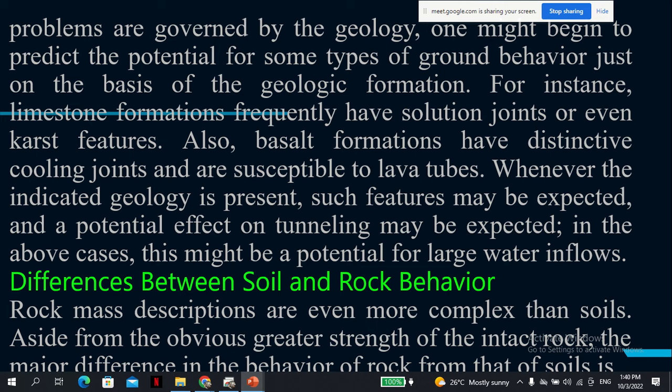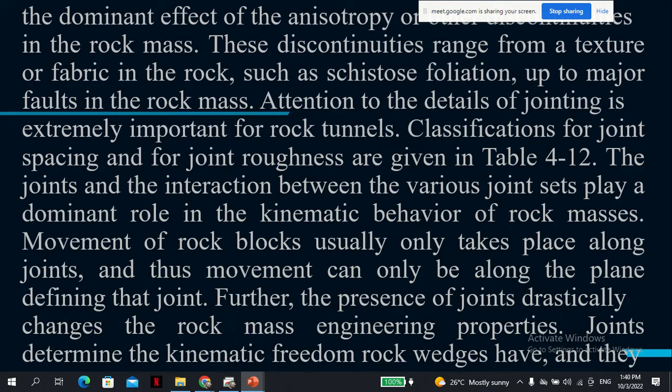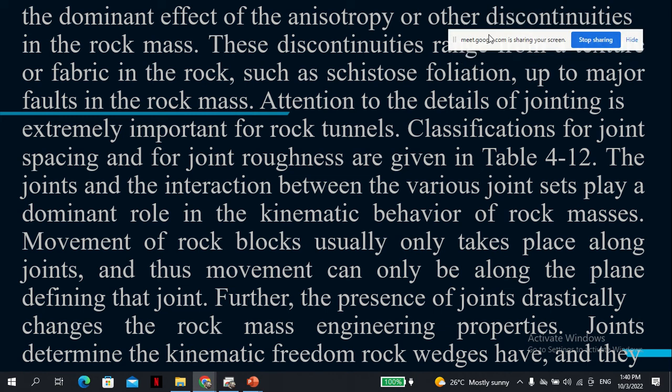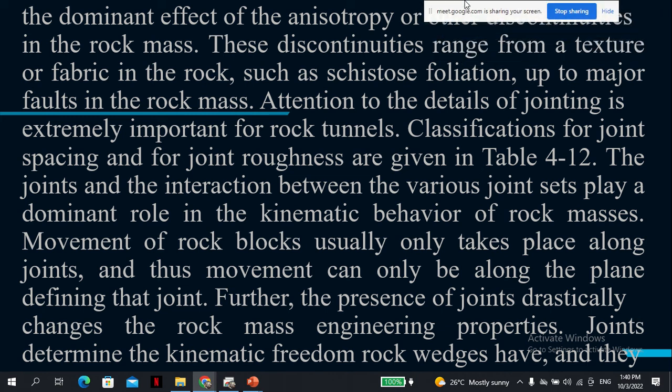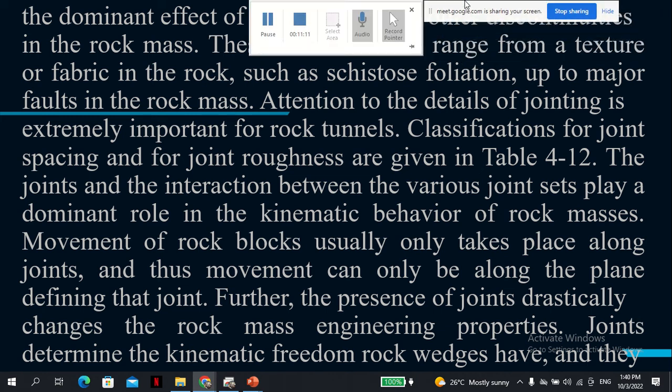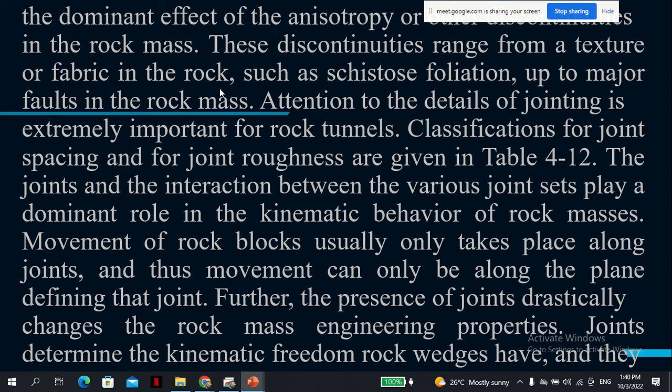Aside from the obvious greater strength of intact rock, the major difference in the behavior of rock from that of soils is the dominant effect of anisotropy. So on the other discontinuities of the rock mass, these discontinuities range from texture or fabric in the rock, such as schistose foliation, up to major faults in the rock mass.